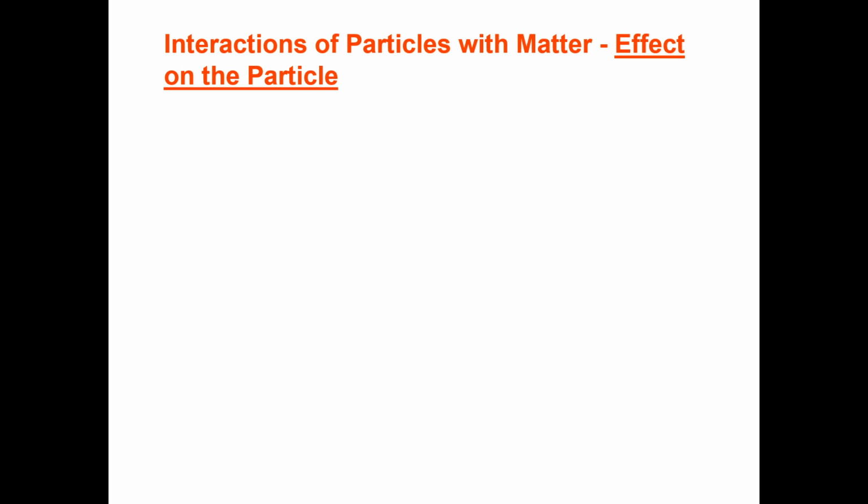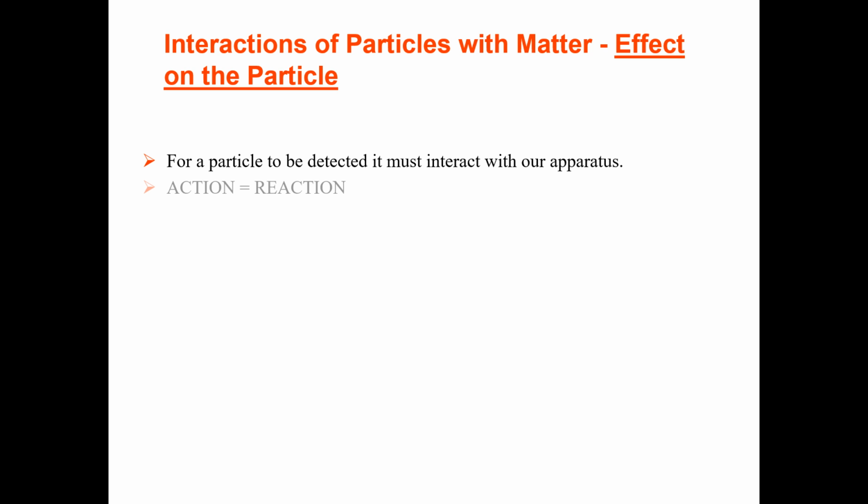During these interactions, what is the effect on the particle? For a particle to be detected, it must interact with our apparatus. If we have a detector or an apparatus with which we want to detect the particle, first of all we have to make the particle interact with our apparatus.